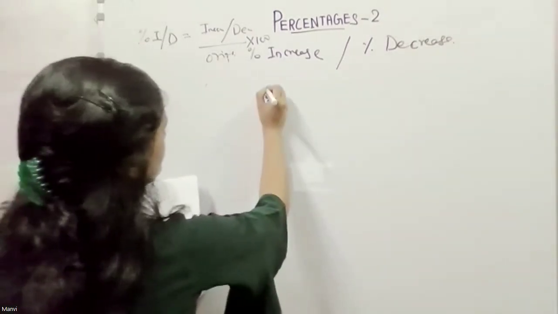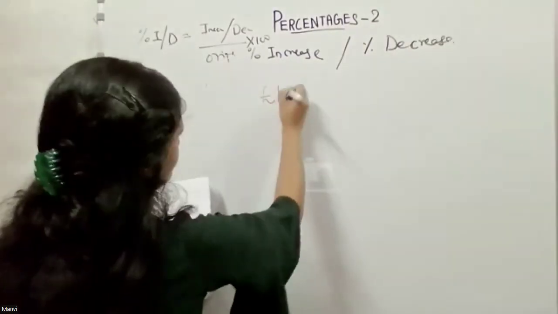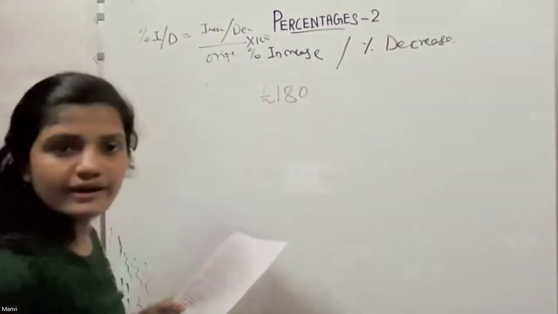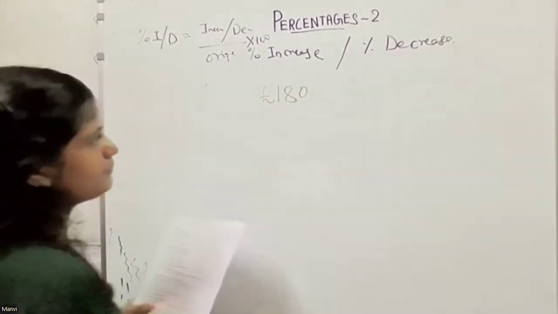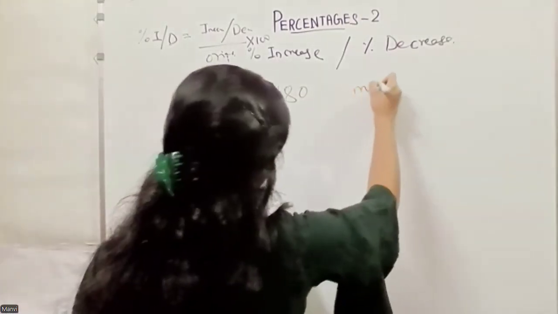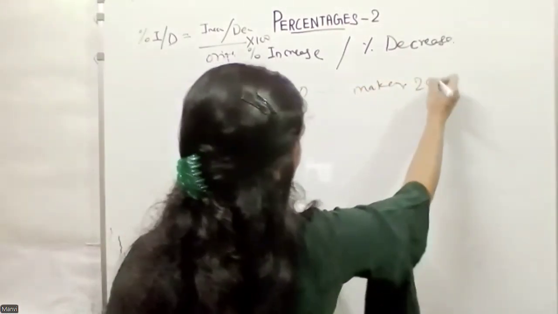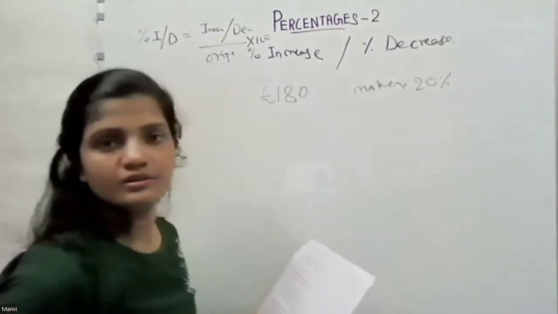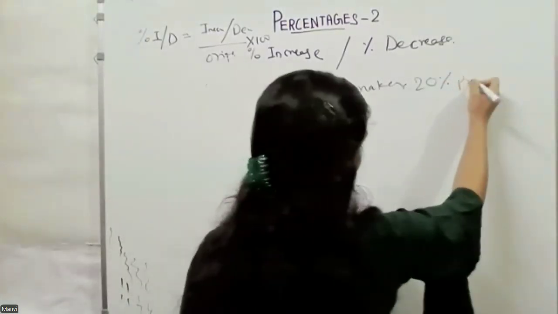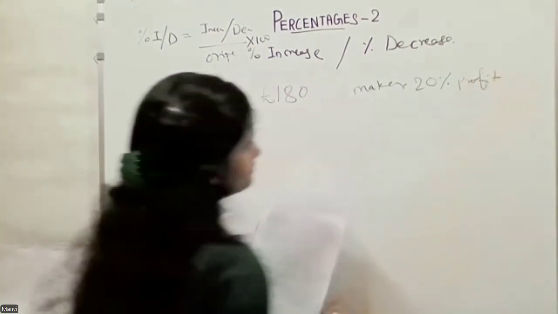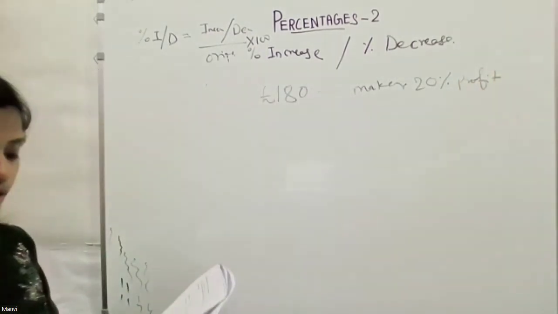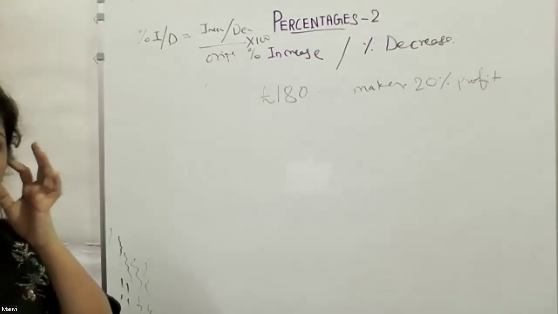So they sold the car at 180, and making 20% profit. So what is the original cost price?